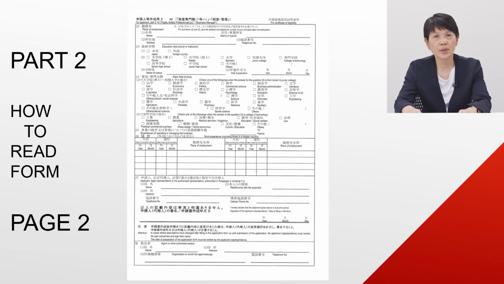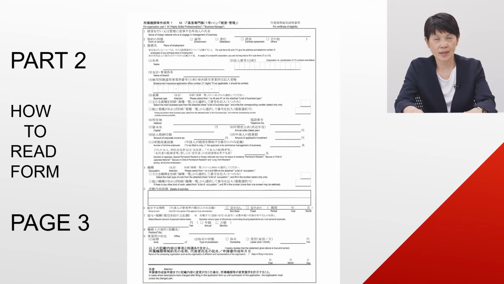Only the case for the business manager pattern 2, the senior manager case, you need to verify your 3 years of senior managerial position. So for the senior manager case, you need to attach the verification document of your job reference letter from your current employer or your previous employer. That's all for page 2.